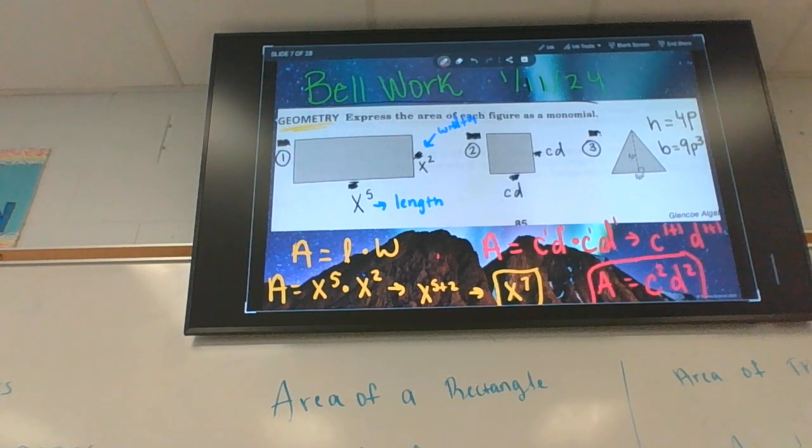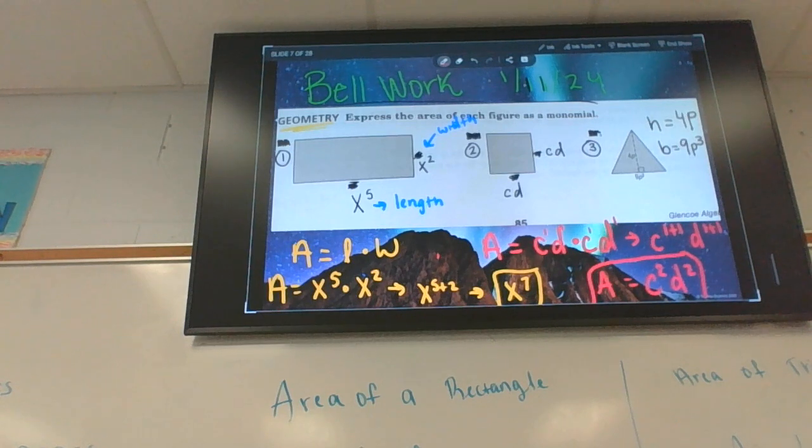So, great. We'll multiply the coefficients, the 9 and the 4. 36. And then we add p3, and this has an invisible 1. So that's going to give us p to the 4th all over 2. So no, in this case, you don't mess with that. You're just dividing 36 in 2.